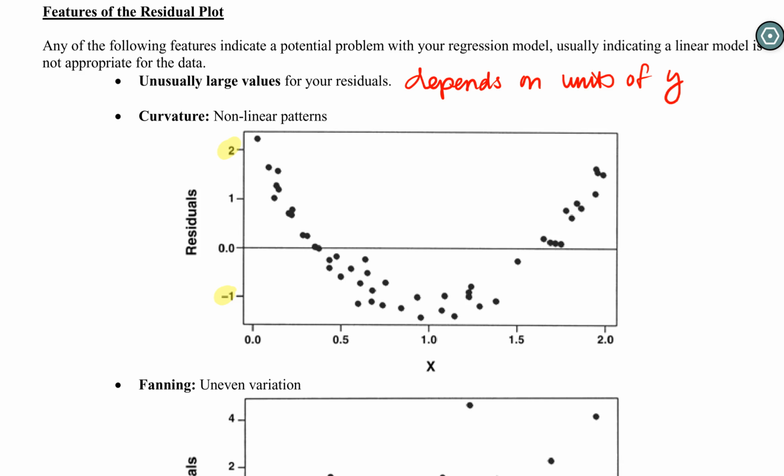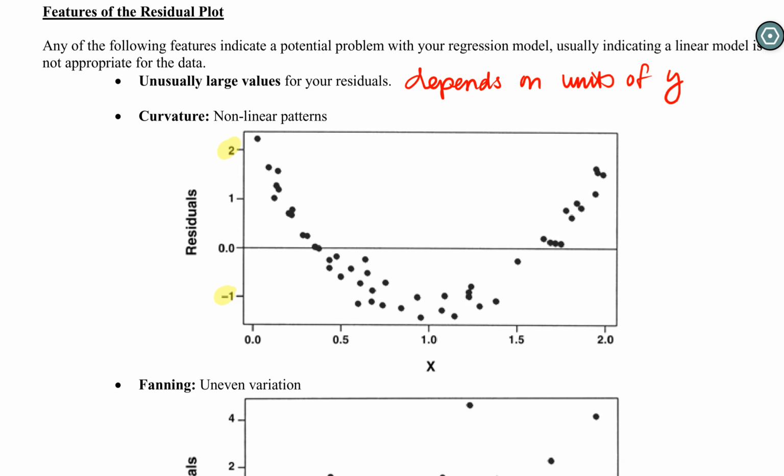But if this is GPA and we're off plus or minus 2, that is a horrible linear regression line. So that unusually large really depends on the units of y, and you just have to think of it as, we were off plus or minus this much for the values we made the line for. This is either good or bad because of that.